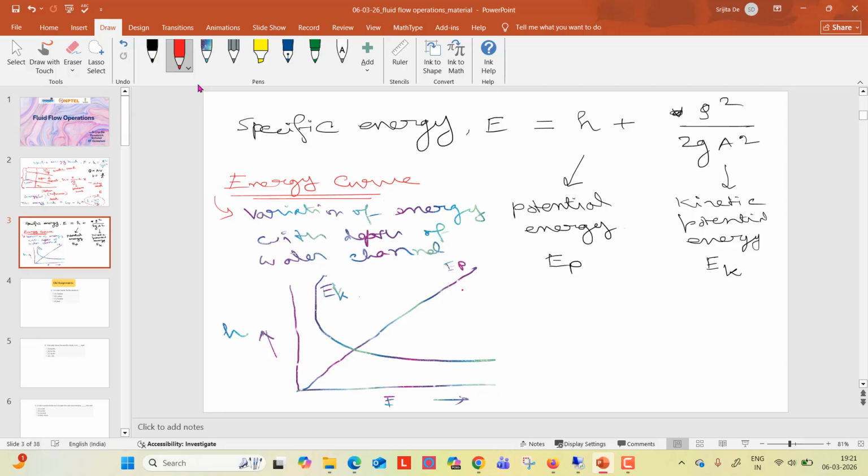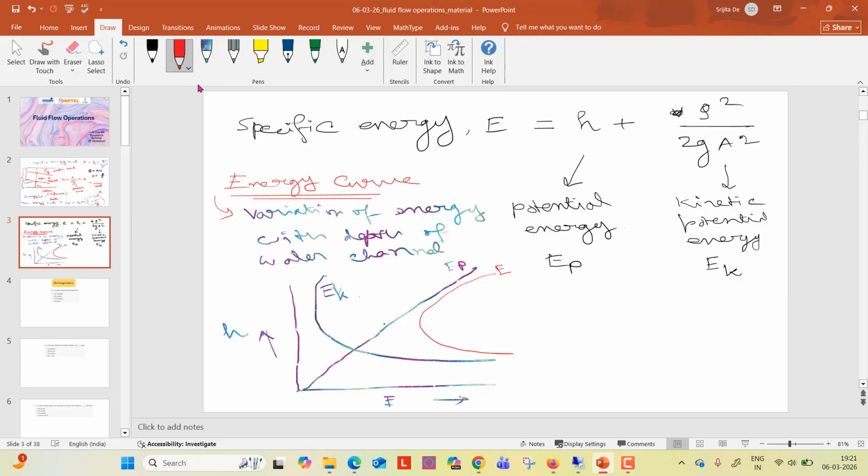Together, if you combine these two, because specific energy is represented by both of them, you will get a curve like this. This is your specific energy curve, your final E curve.